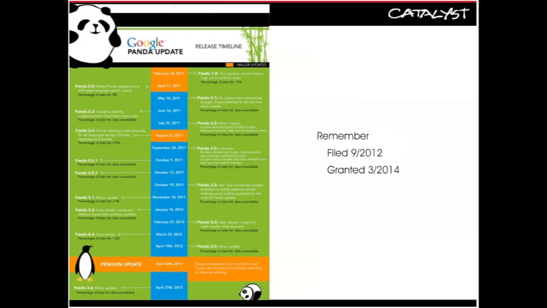So you have a time span where Google had taken the findings or the learnings from the patent, had implemented it before it even filed for the patent itself, and of course years before it was actually granted. So this serves to just give a little bit of a mindset of how sometimes Google works with these patents.